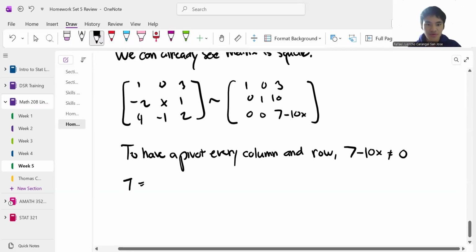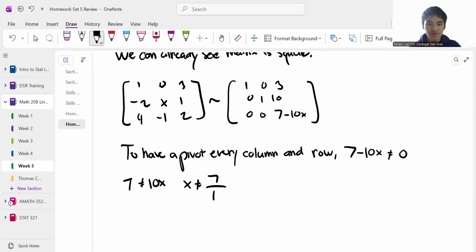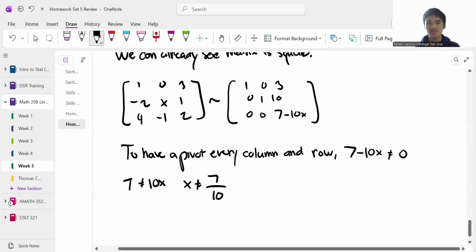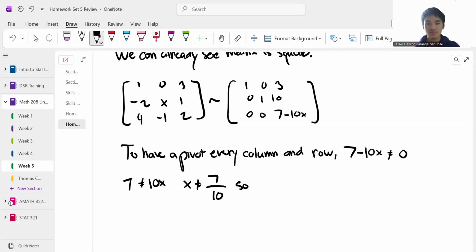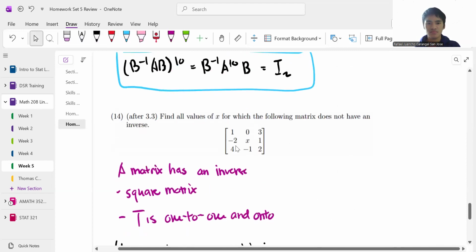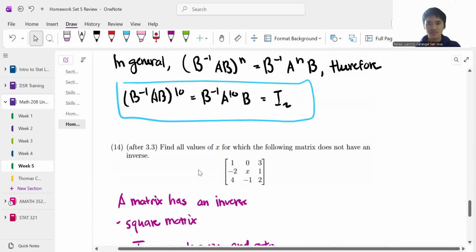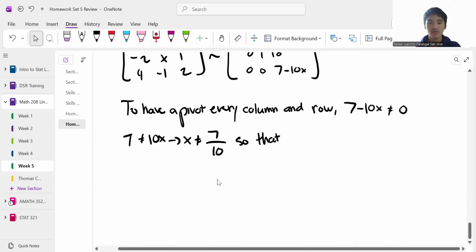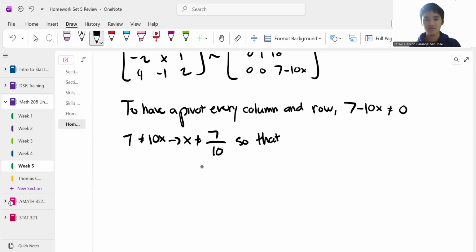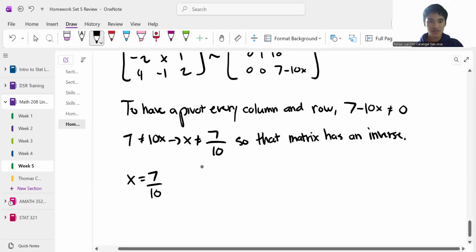So going about that, we need this to not be 10x. x shouldn't be 7 over 10 for the matrix to have an inverse. So x should be 7 over 10 for the matrix not to have an inverse.